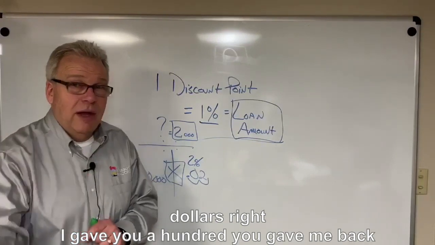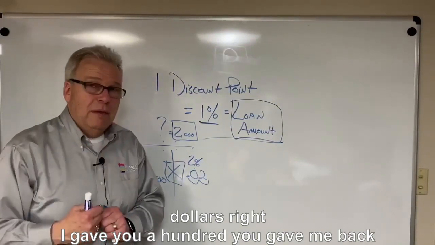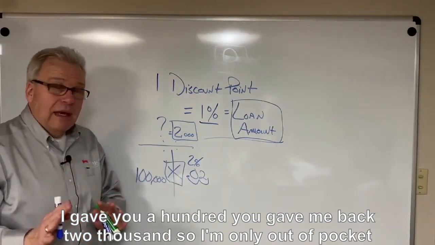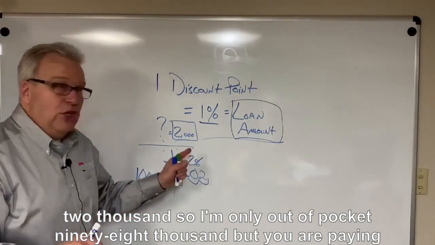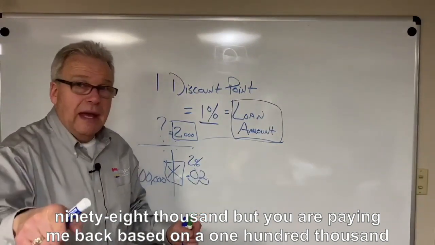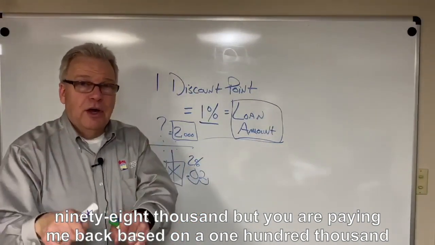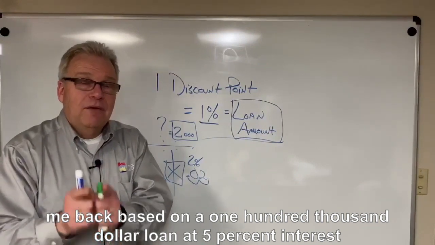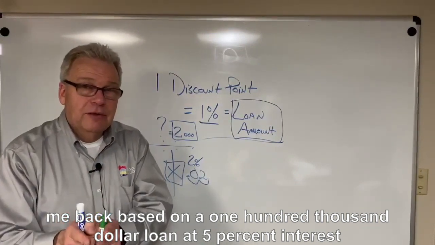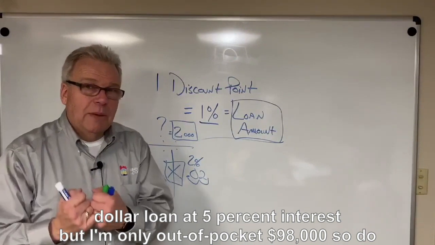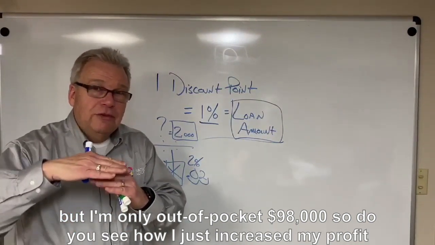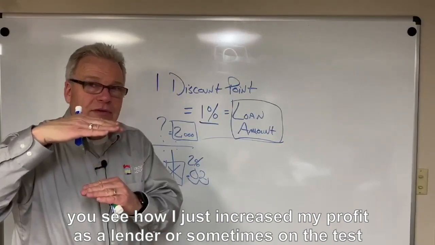I gave you 100, you gave me back 2,000. So I'm only out of pocket $98,000, but you are paying me back based on a $100,000 loan at 5% interest. So do you see how I just increased my profit as a lender?